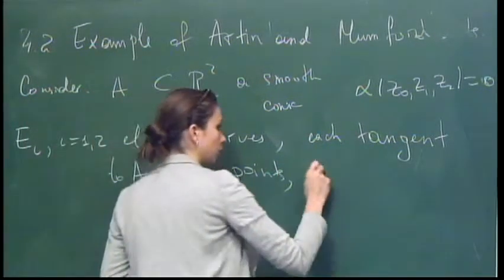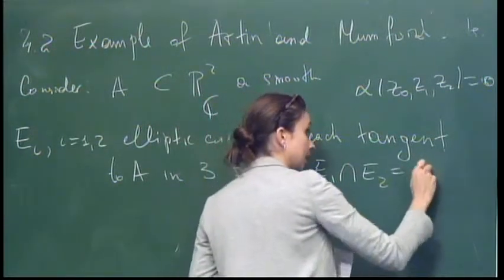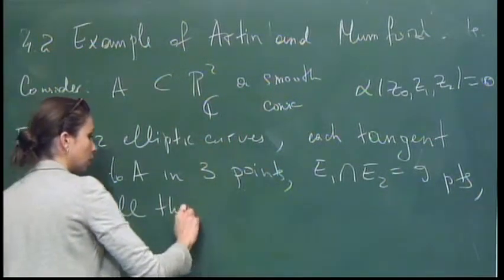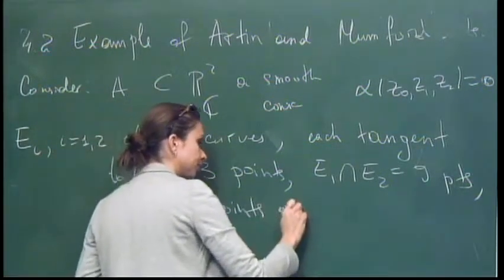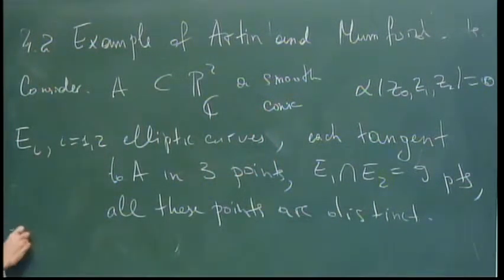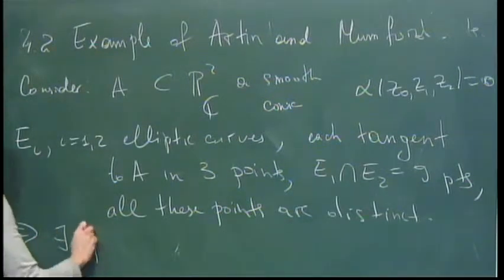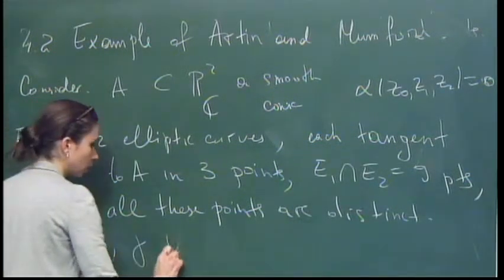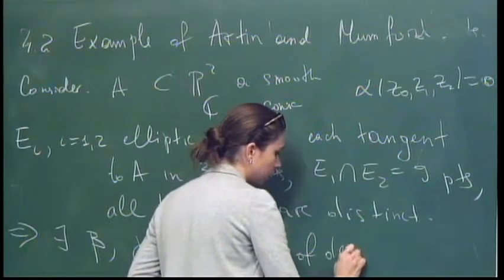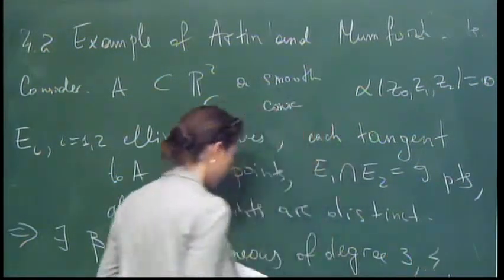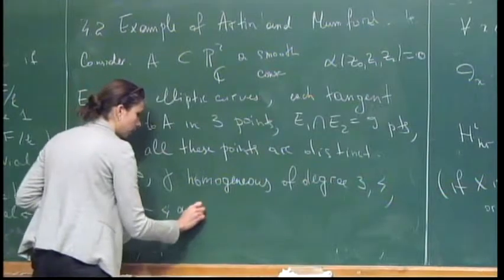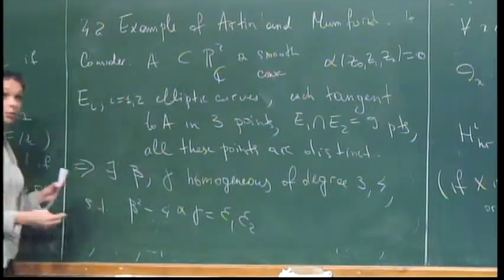The intersection of E1 and E2, as you guess, is 9 points, and all these points are distinct. Then, by some arguments on divisors, one can show that there exist homogeneous forms beta and gamma of degrees respectively 3 and 4, such that beta squared minus 4 alpha gamma equals E1 E2. So this is the data you have to take.